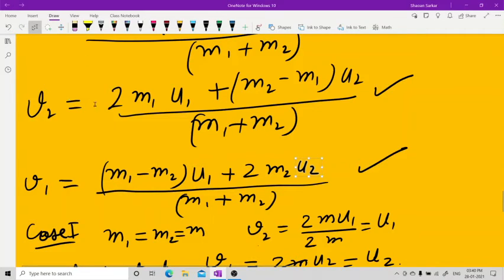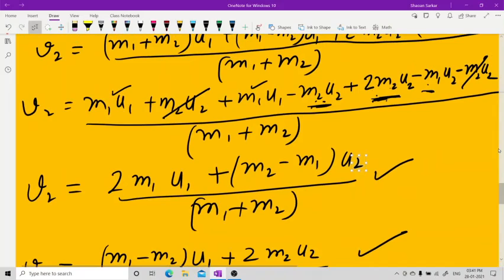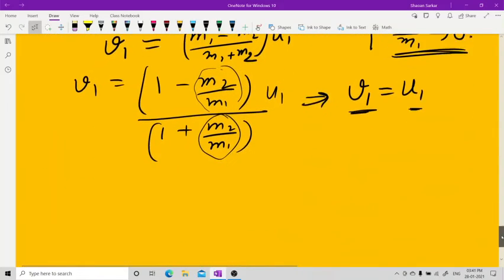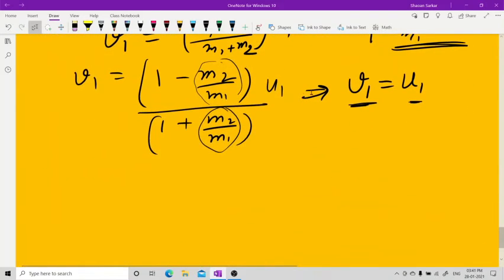Now let's come to V2. U1 is there undoubtedly, and this U2 is 0. This part is 0. So what you are left with is only 2M1 U1.